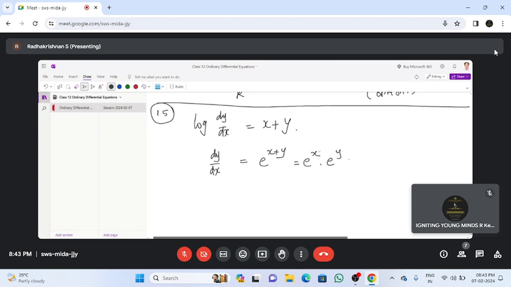Now we can separate. How will it come? dy by e power y equal to e power x dx.